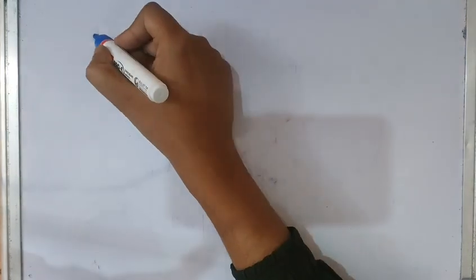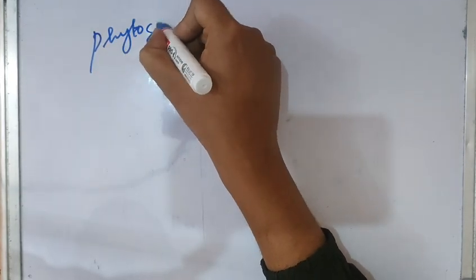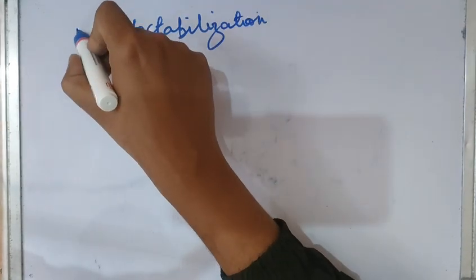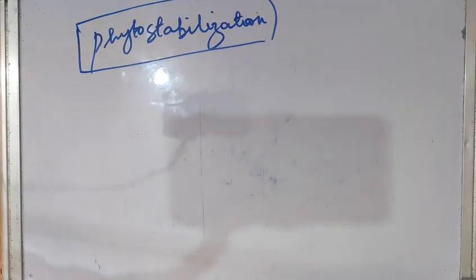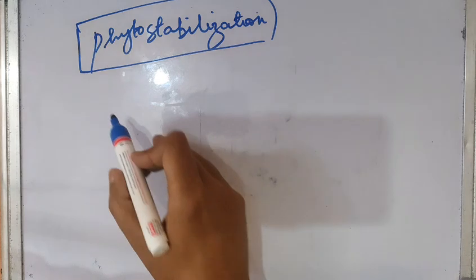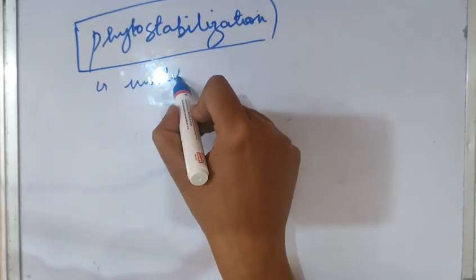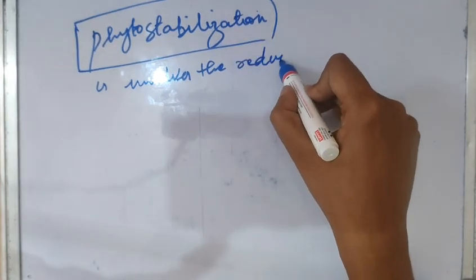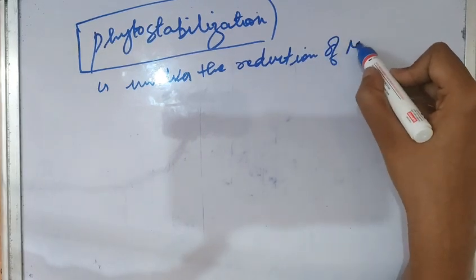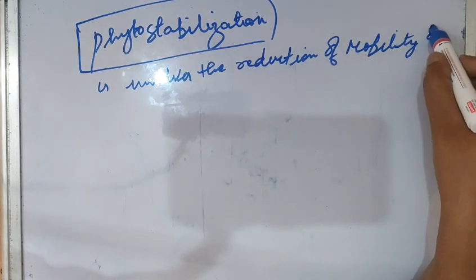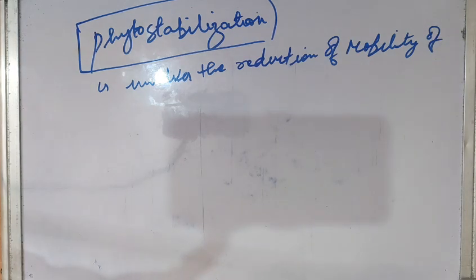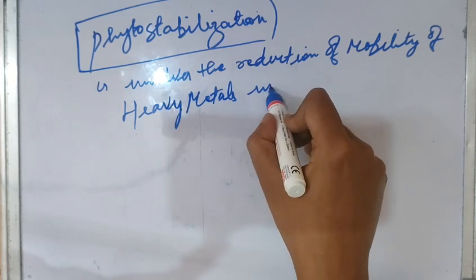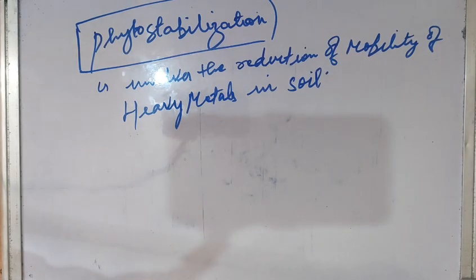What is phytostabilization? Phytostabilization involves the reduction of mobility of heavy metals in soil.